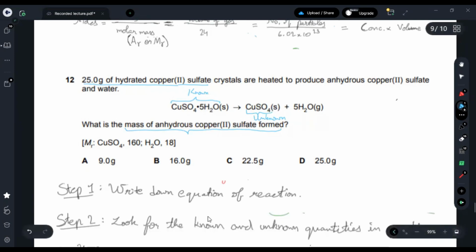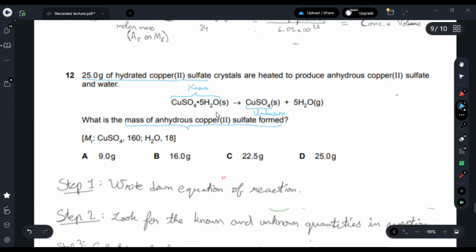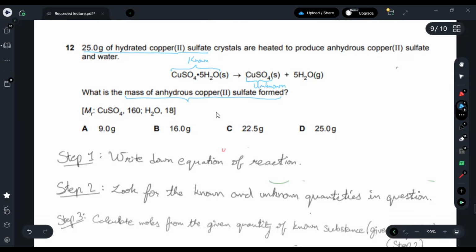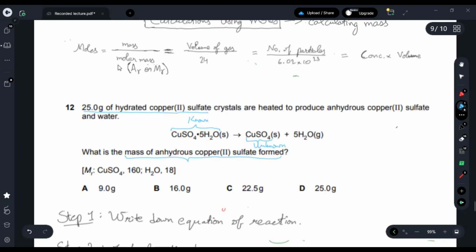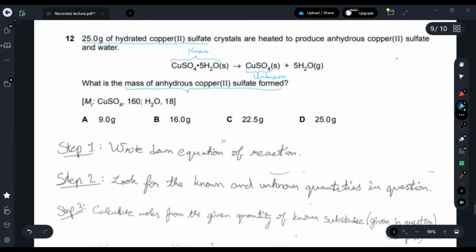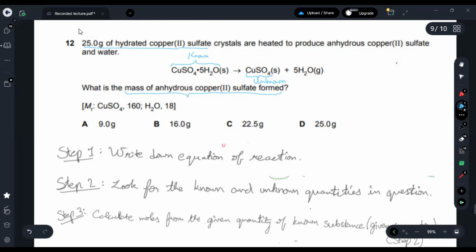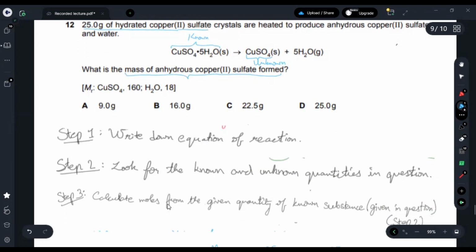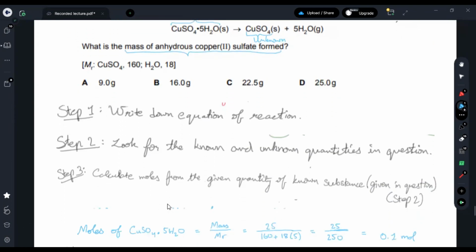So for step two, I've marked down the quantities which are important for us. Step three says to calculate the moles from the given quantity of known substance, which is given in the question. So the known quantity is this, which is the mass of this hydrated copper 2 sulfate, and we have to calculate the moles. So applying that formula, which I showed you before, here it is.